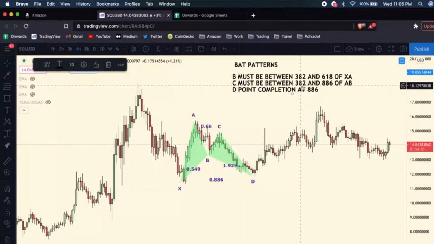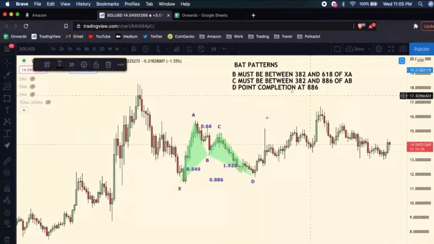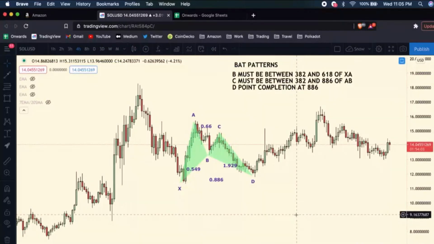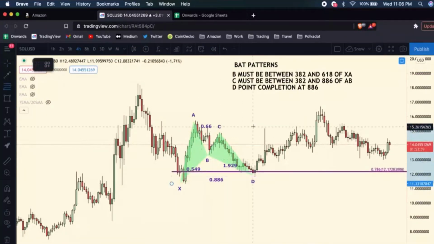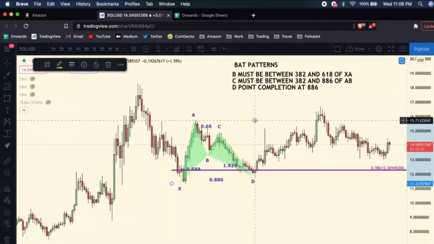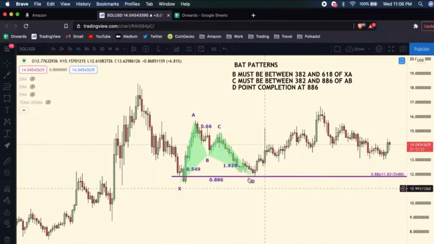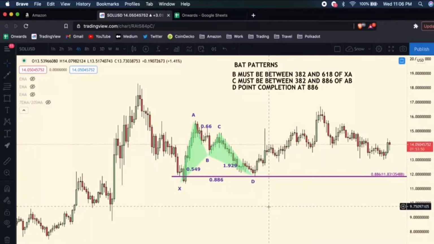The point completion at 886, which is 886 of XA. Well, we'll leave it like that, right? So again, with our Fibonacci retracement tool, we can draw our XA to confirm an 886 D point completion right there.